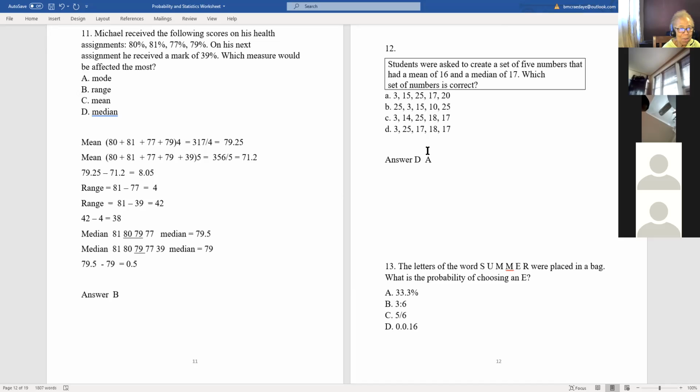When you put them in order, this 17 is going to be in the middle, right? 25, 20, 17, 15. There's no 17 here, so that one can't be. This one continues: 25, 18, 17 is in the middle, right? And this one, of course, 25, 18, 17 is in the middle.